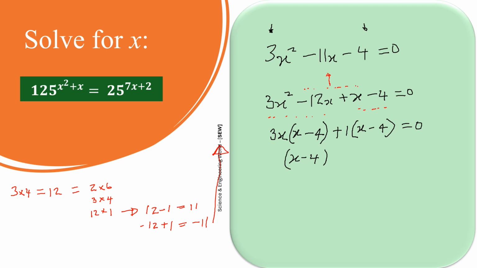And then we bring in the coefficients 3x and 1 plus 1 as another factor. So we now have 3x plus 1. This must equal 0. This expression is telling us that for the right hand side to be 0, like the left hand side, one of these must be 0.